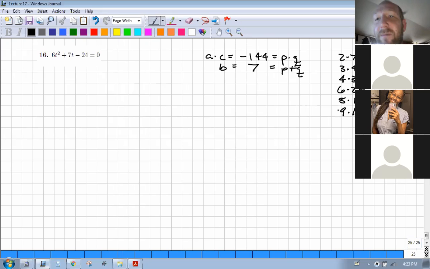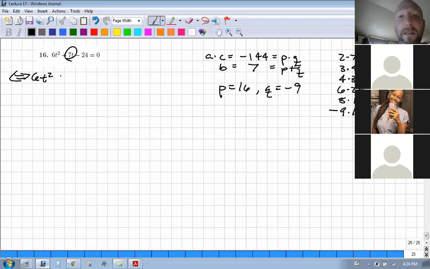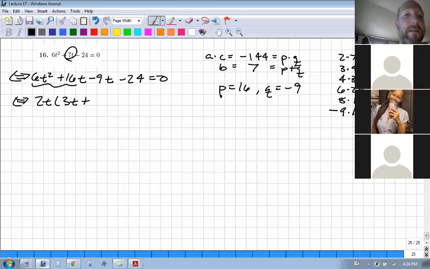If we make the 16 positive, the 9 negative. So let's let P equal 16 and Q be -9. So let's rewrite 7t here as 16t minus 9t. So from here we could factor out a 2t. That gives us a 3t plus 8. Over here we'll pull out a -3.